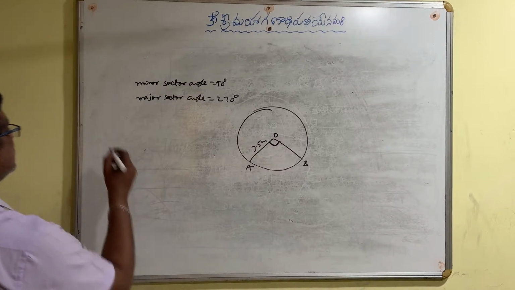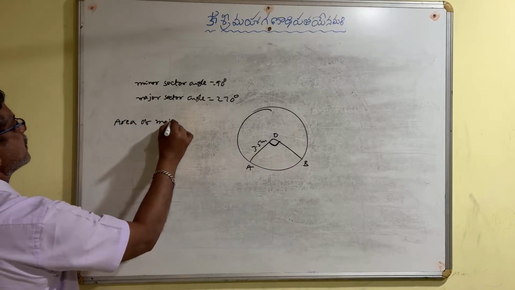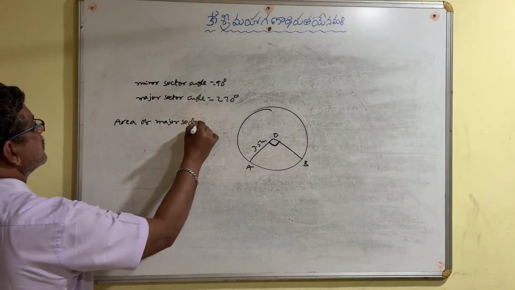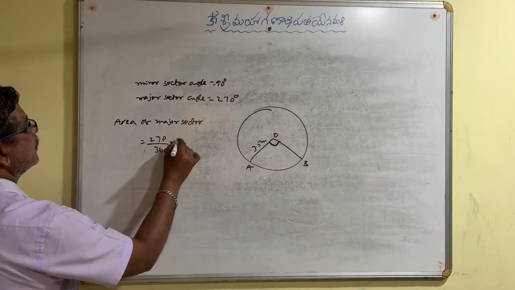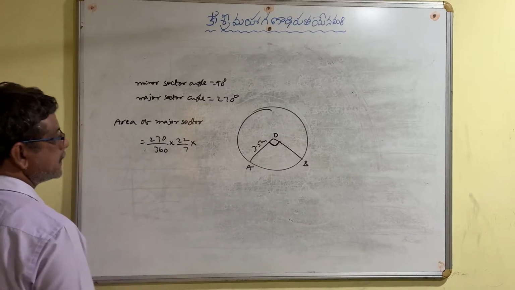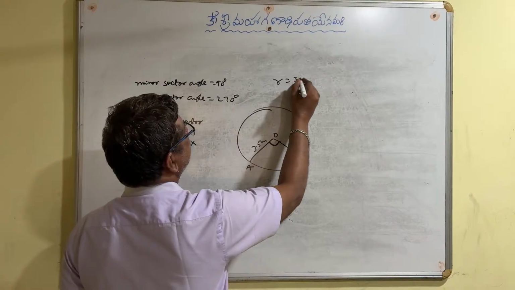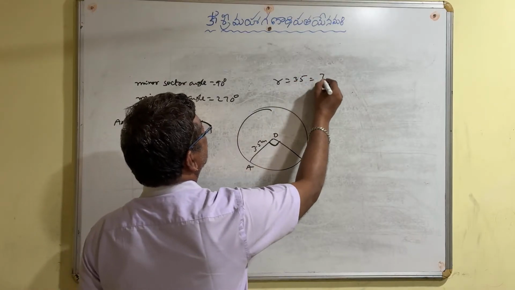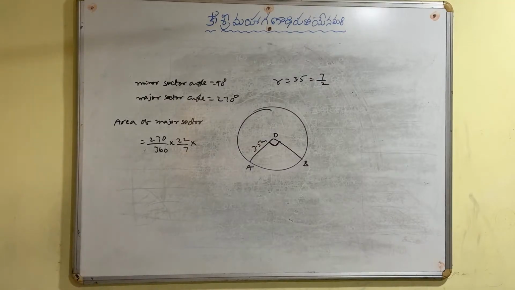Now area of major sector is equal to 270 by 360 into 22 by 7 into r square. The radius is given 3.5 centimeters, and make it 7 by 2. Don't take it as 3 by 5, 3.5. Okay, na?